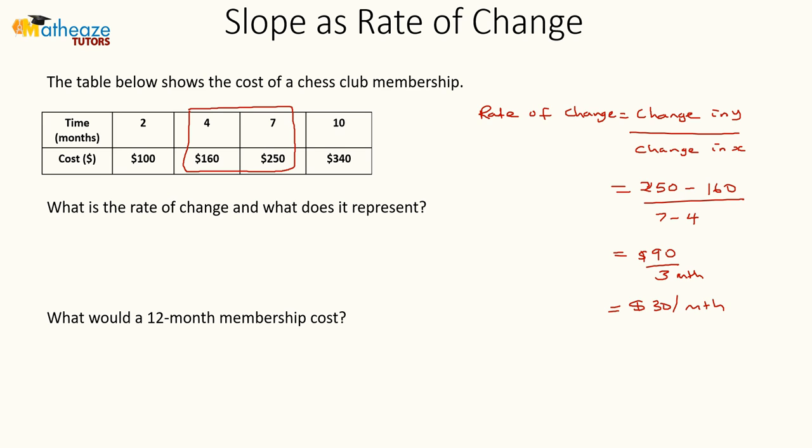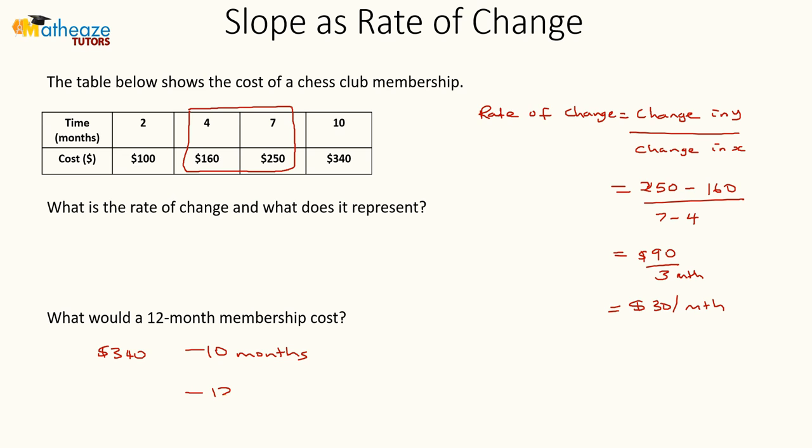So what this means here, the rate of change is going to be $30 per month, which means for every additional month, the member of this club is going to pay $30. So we have a 12-month membership. So 10 months is $340 for 10 months.